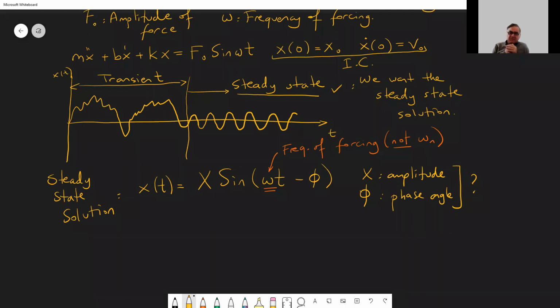Well, this is the structure of the solution. Let's take the derivatives of this. Time derivative. The derivative of a sine is cosine: x dot equals X omega cosine of omega t minus phi. And x double dot is the second derivative. The derivative of cosine is sine.